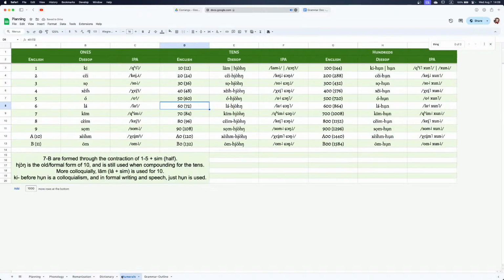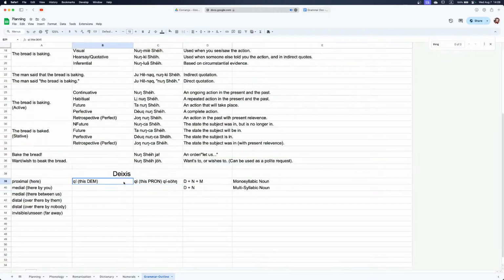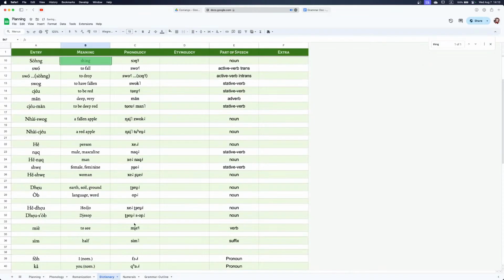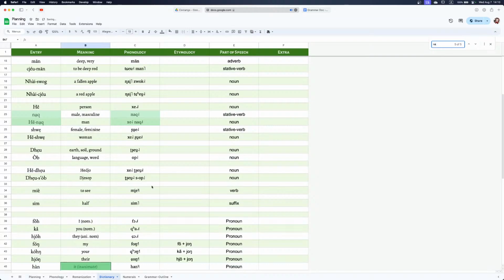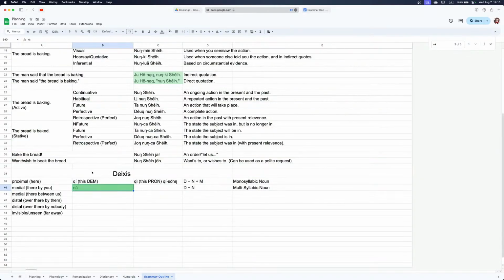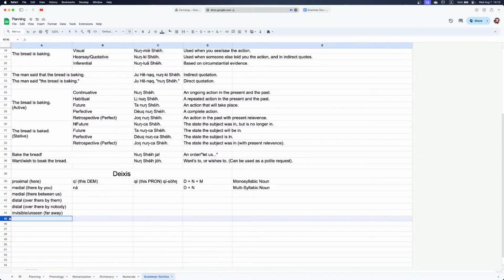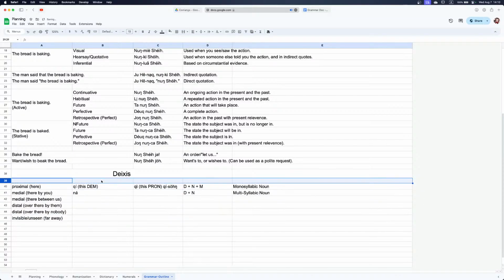Yeah, I decided to use engma. For that demonstrative, why don't we make little columns?